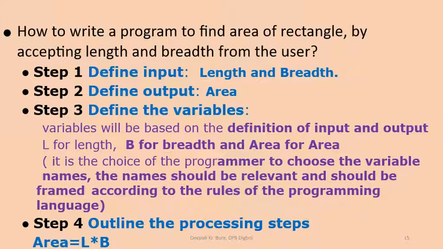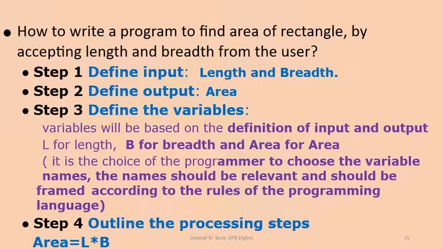Next, we have to define the output, because it is the output that will lead us to what processing steps we should follow. Instead of area, if I say perimeter, my processing steps will be different. So we have to define the output first.